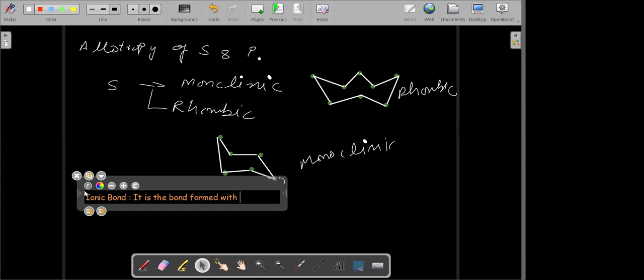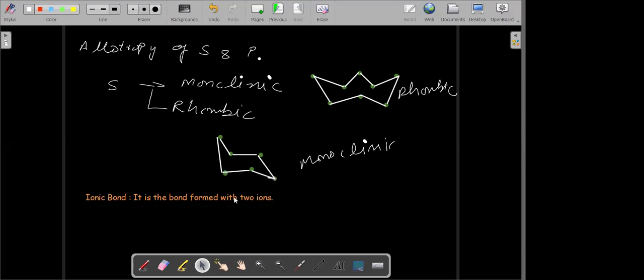The bond formed with two ions is called an ionic bond. Two ions means they have to be positive and negative charges, and the electrostatic force between the two charges holds them together.